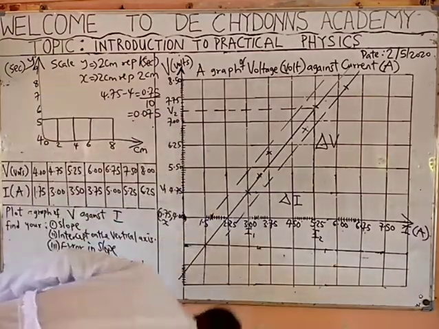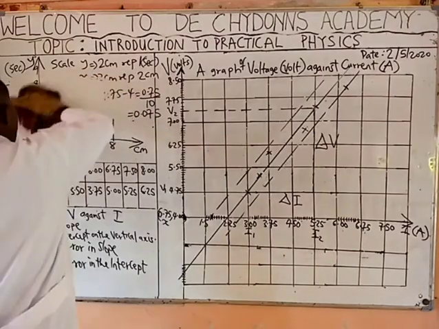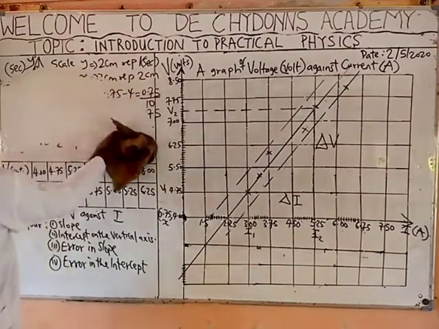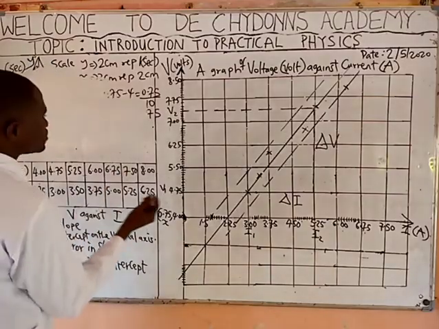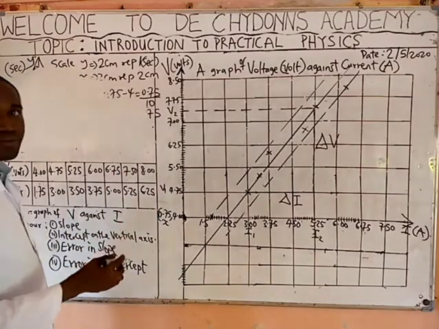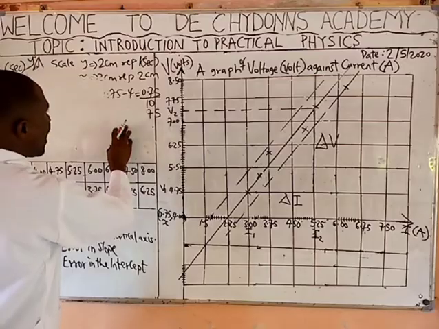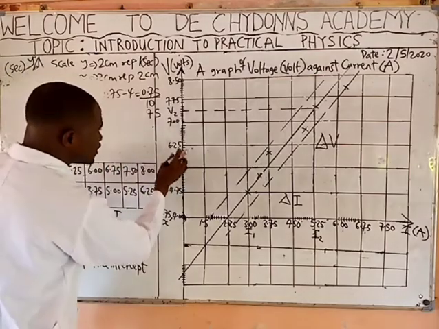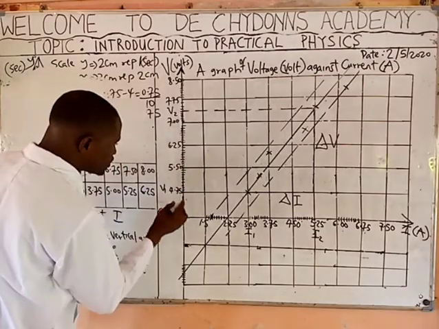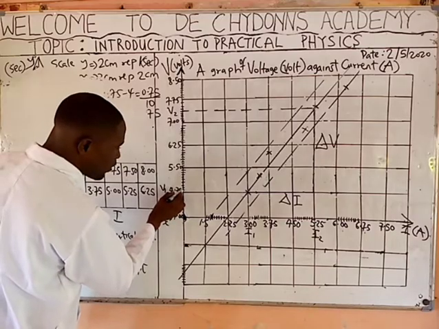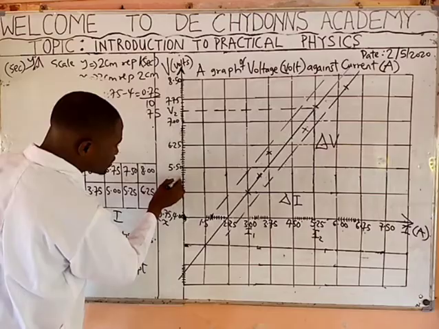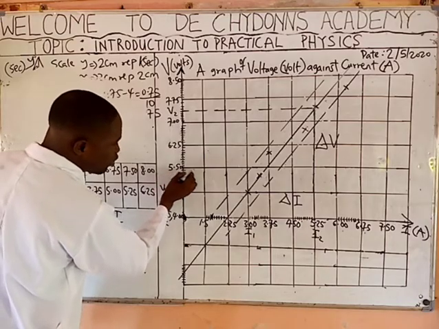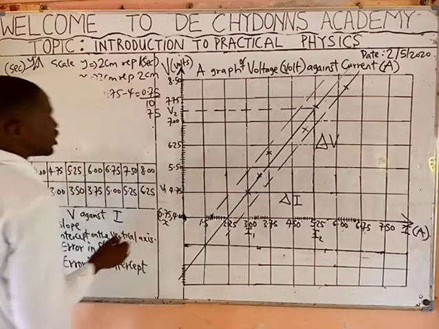So, the implication of this is that each of this space is 0.075. From here to here, 0.075, 0.075. So each of the spaces you see, these small spaces is 0.075.